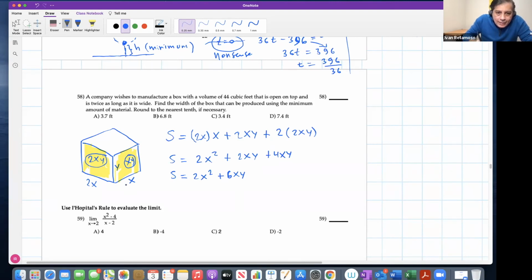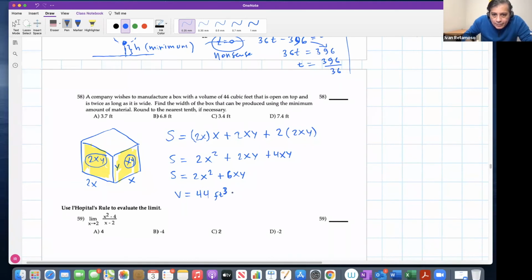All right, now I have a constraint. I have to construct this box subject to this. They want the volume of the box to be 44 cubic feet. So the volume must be 44 cubic feet. Where is the volume here?